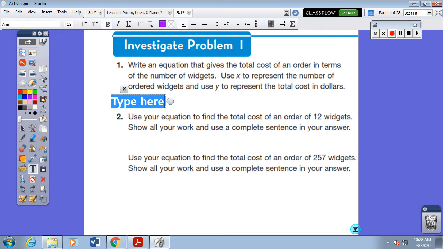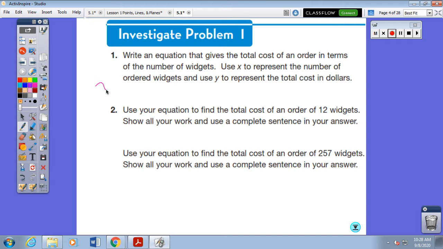Okay, so X is widgets, and Y is total cost. So 4 times the number of widgets plus $9 fee for shipping is equal to the total cost.